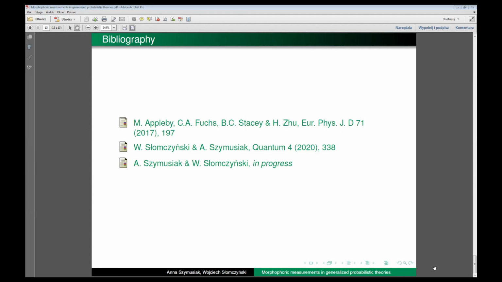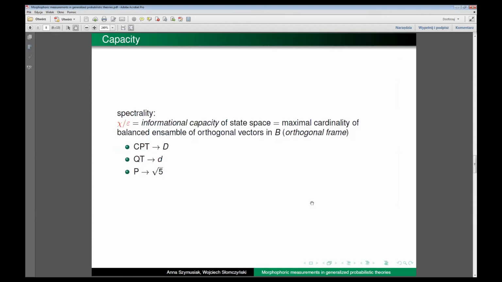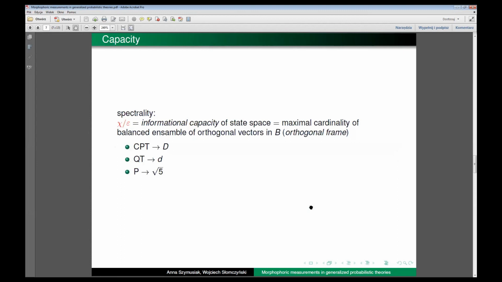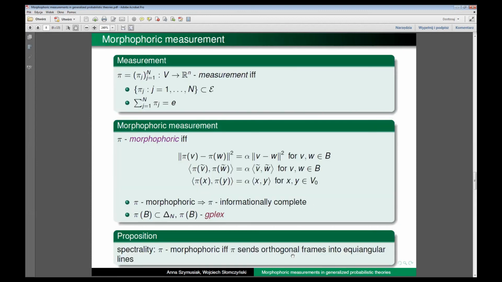I think there's a misunderstanding in this, because the theorem says that the morphophoricity maps orthogonal states, orthogonal frames, into equiangular lines. So it has nothing to do with the effects that consist... Oh, morphophoric, okay.